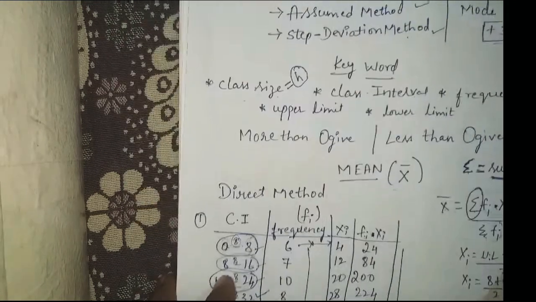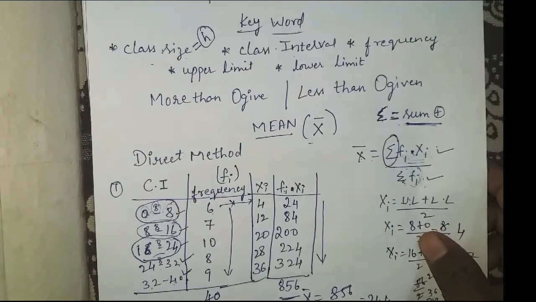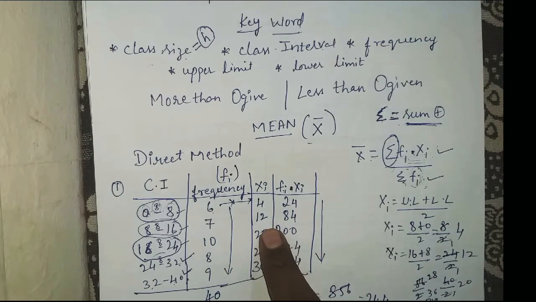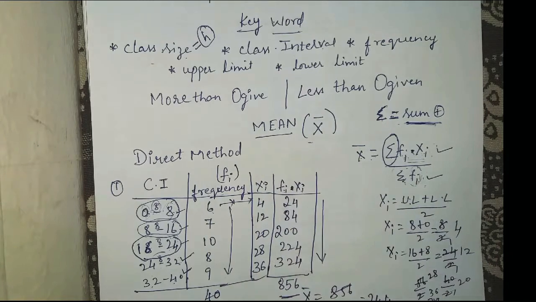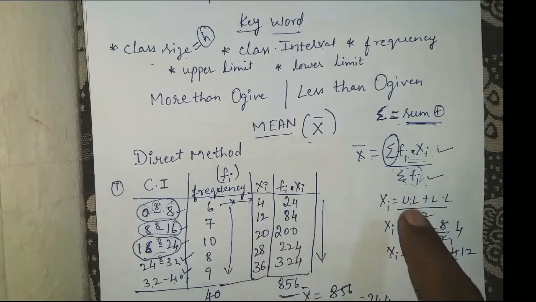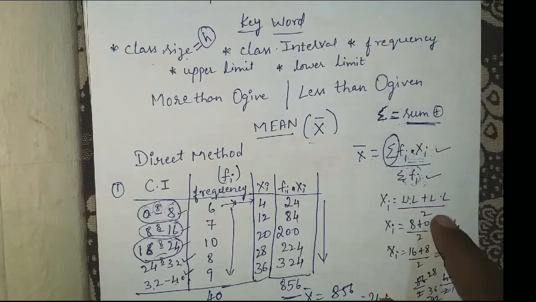So now we calculated by the direct method. It's very easy, right? While calculating by the direct method, the main thing you need is the xi value. To find xi, we have the formula: xi is equal to (upper limit plus lower limit) by 2.